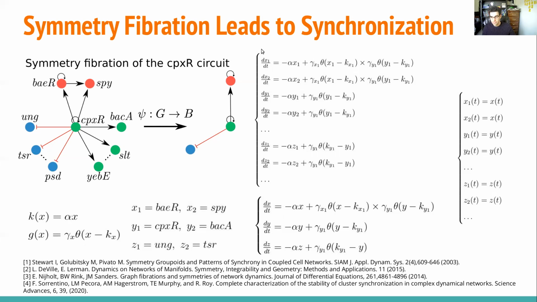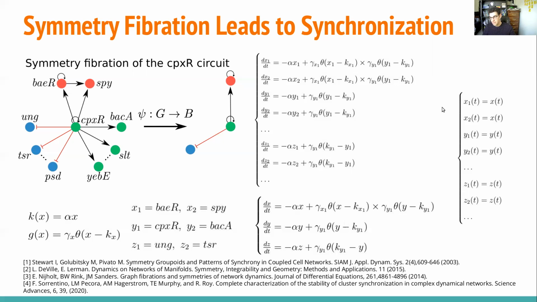So we can write these differential equations, and now we can write differential equations that describe this reduced network. It's called the base again. This network has only 3 nodes, x, y, and z, and this is the dynamics. Now let's consider the solution x, y, z of the reduced network: x of t, y of t, z of t.